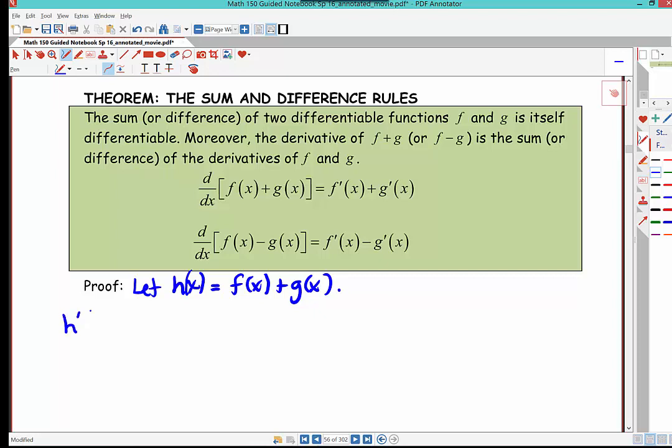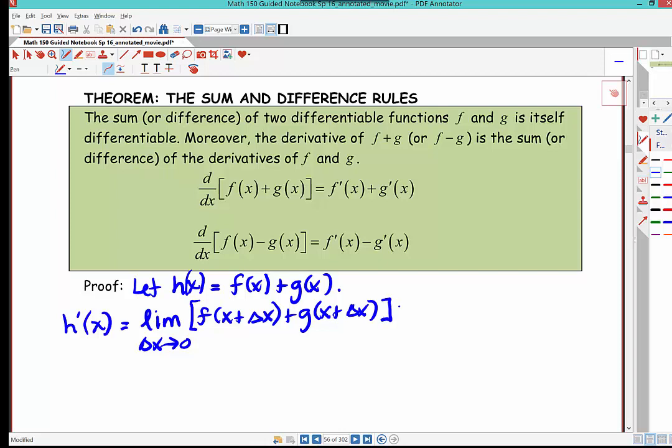So h prime of x is equal to the limit as delta x approaches 0 of f at x plus delta x plus g at x plus delta x minus f at x plus g at x, all over delta x. Good so far?